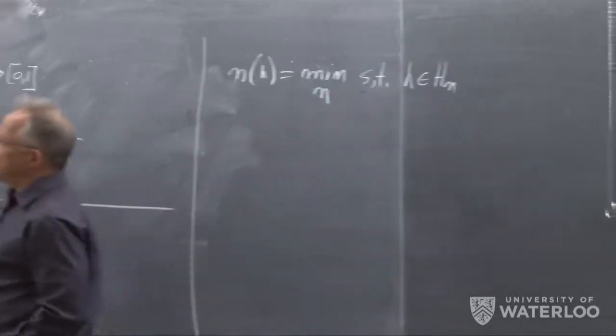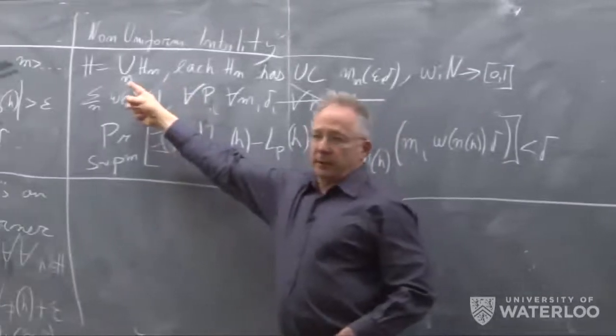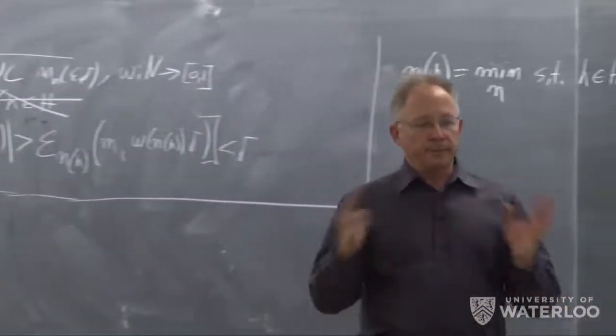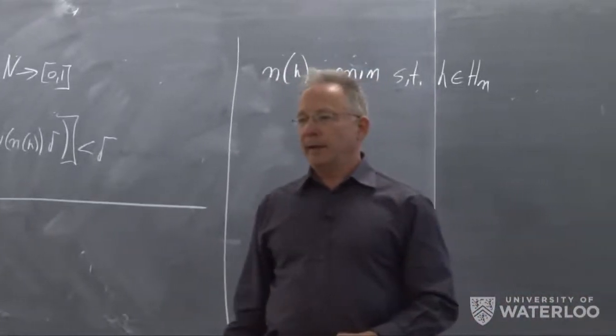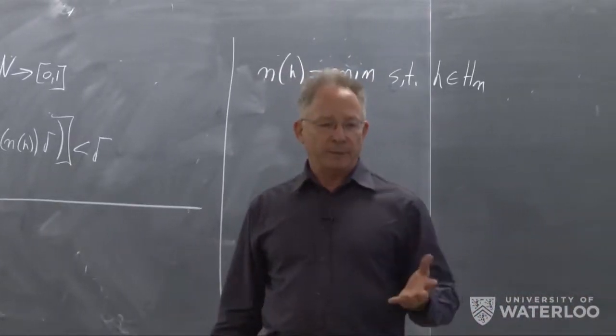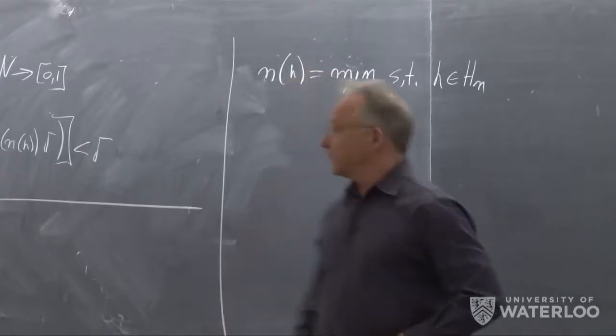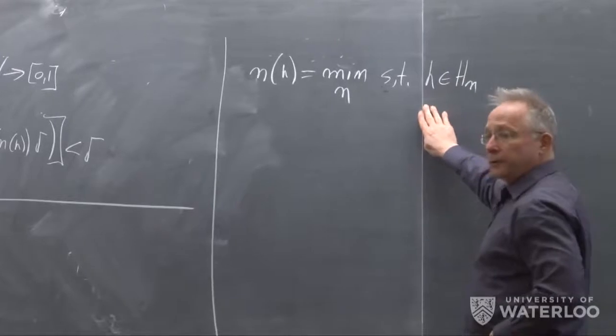Since h belongs to the union of all the H_n, for every such h I have some homeland H_n where it came from, and I look at the minimum n such that it belongs to H_n. So that was one thing we needed to describe here.